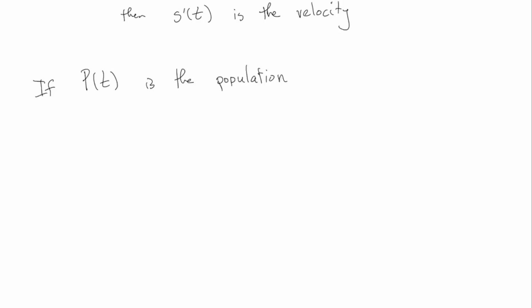In that case, the population would be bad. Anyway, if P of t is the population of something at time t, then what is this P prime of t? This would mean how fast the population is changing at a particular time.